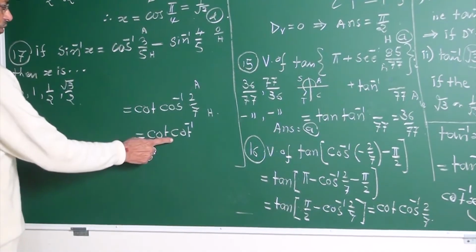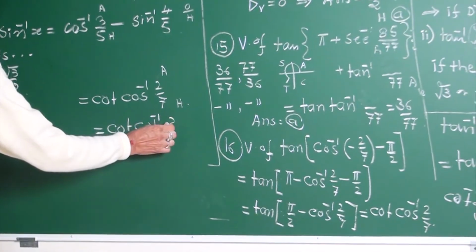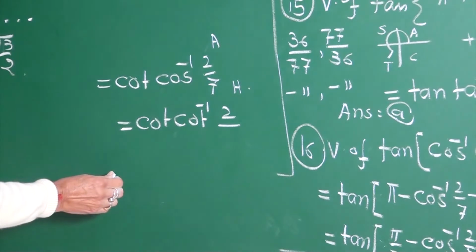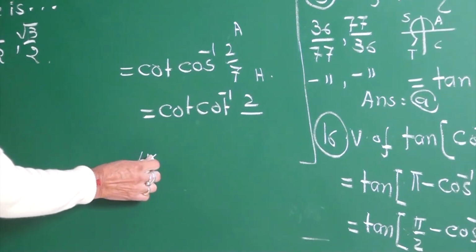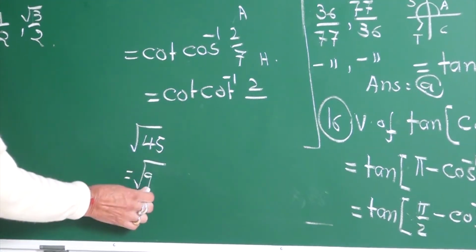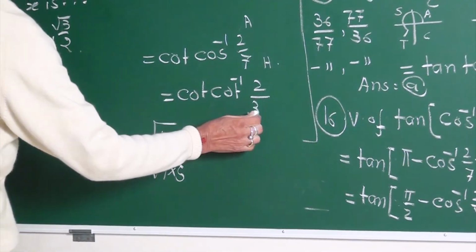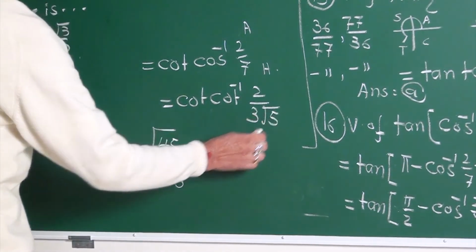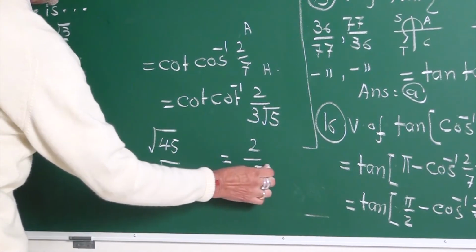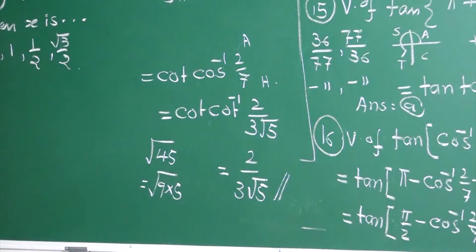Cot means adjacent upon opposite side. Adjacent is 2. What is the opposite? 49 minus 4, which is 45. You have to take the square root of this. 45 is 9 into 5. Square root of 9 is 3, square root of 5 is root 5. Cot of cot inverse, what is the answer? 2 upon 3 root 5.